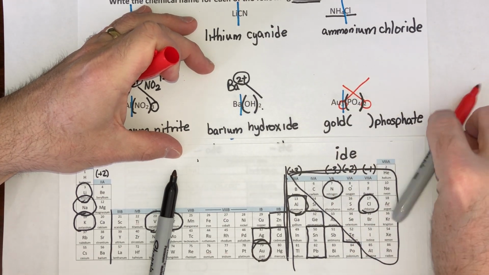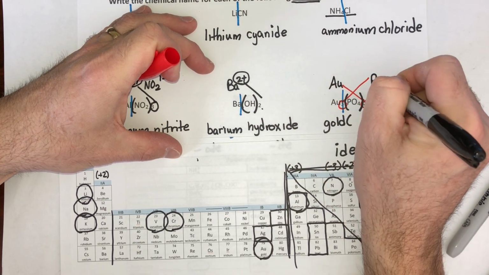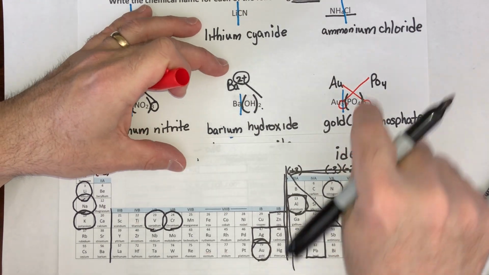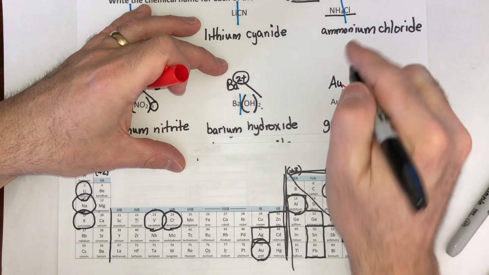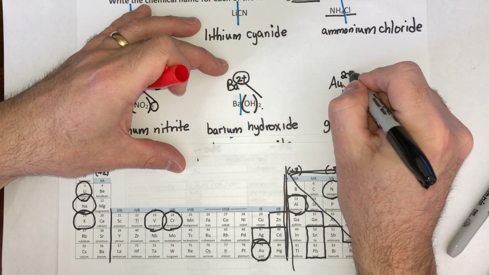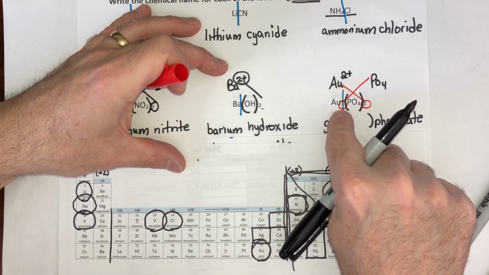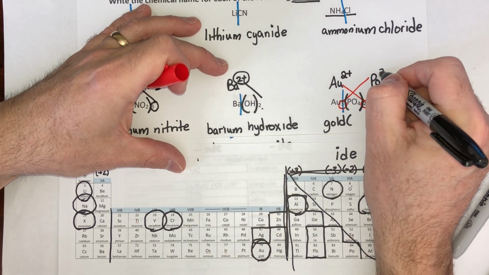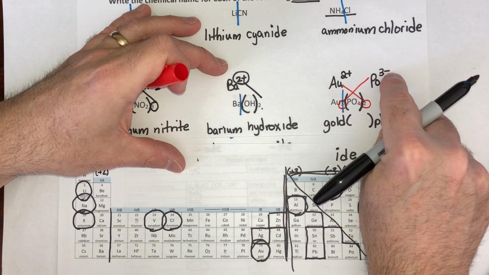Where did the 2 come from? So this was Au, this was PO4. So why do you have 2 behind the phosphate? That's because the original charge on the gold was a 2+. Why do you have a 3 on the gold? That's because the original charge on the phosphate was 3-. First one's always positive, second one's always negative.